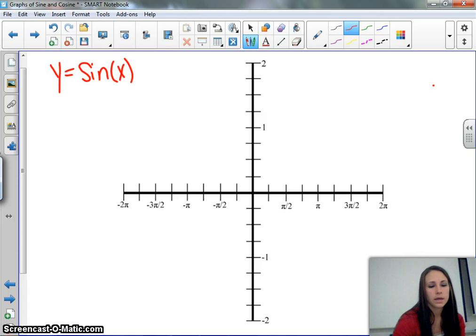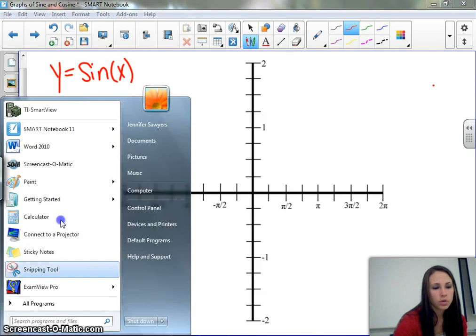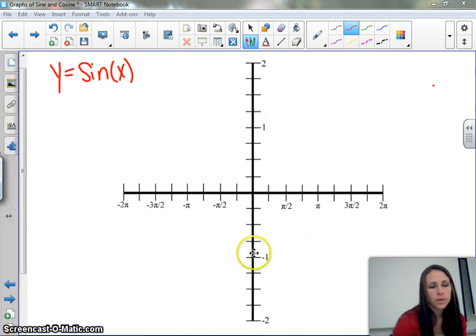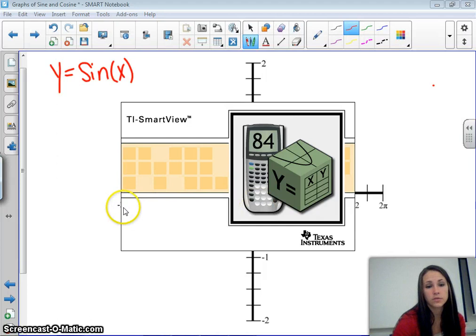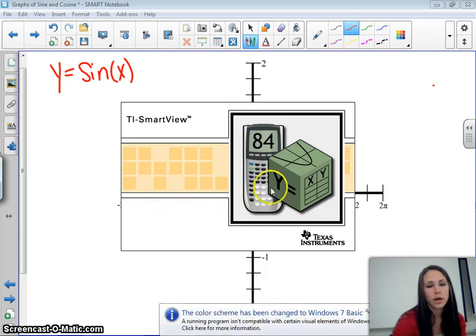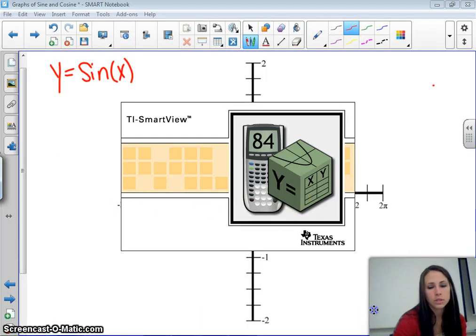If I were to plug this into the calculator and look at this graph, I'm only going to label it from 0 to 2 pi and then from 0 to negative 2 pi. But you can tell when we graph it, and I'm going to graph it on here for you so you can see what'll happen, it really goes out further than that. So the graph never ends. It actually is going to keep going to the left and to the right forever. I just want you to see what that's going to look like.